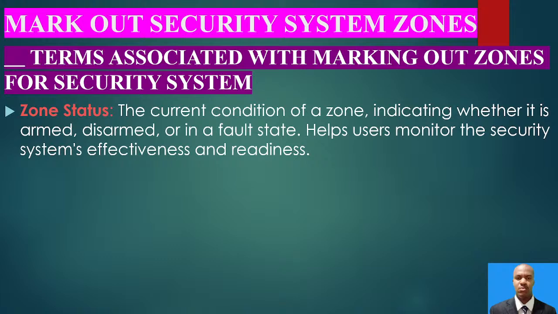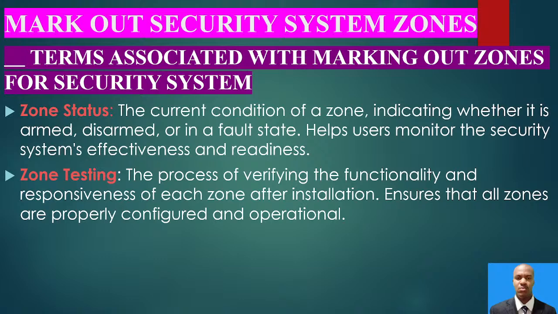It helps users monitor the security system effectively, with readiness. Zone test, the process of verifying the functionality and responsiveness of each zone after installation. So this is to ensure that all zones are properly configured and operational.